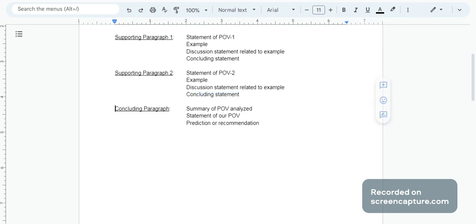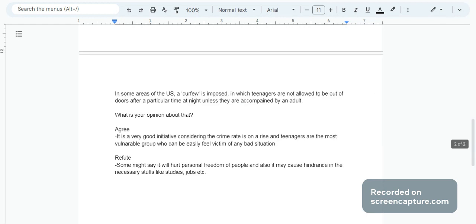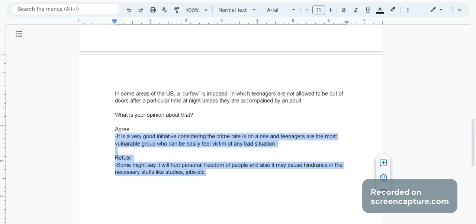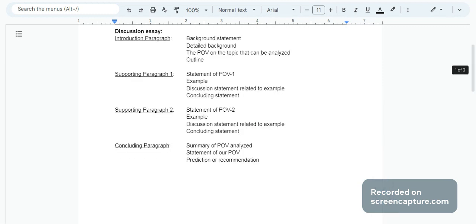In the concluding paragraph, which is the final paragraph, we have to give the summary of the POVs analyzed. These two POVs must be summarized here, which is the restating of those POVs in different wording. This line is very important.